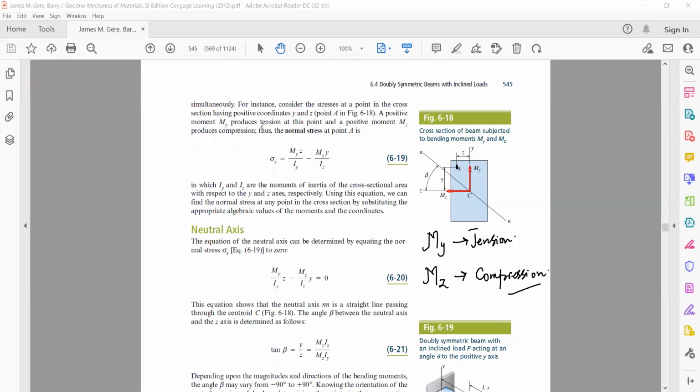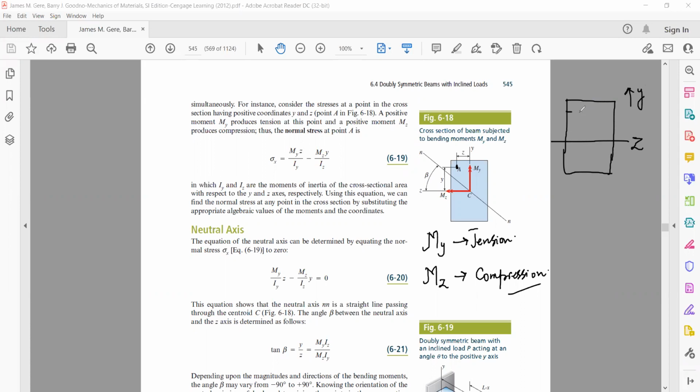Now get back. When we had the previous cases, we had a beam section like this. Can you see this beam section? This used to be our neutral axis. This was our z-axis. This axis was our y-axis.